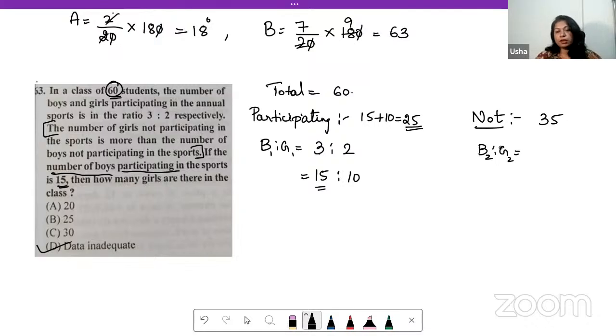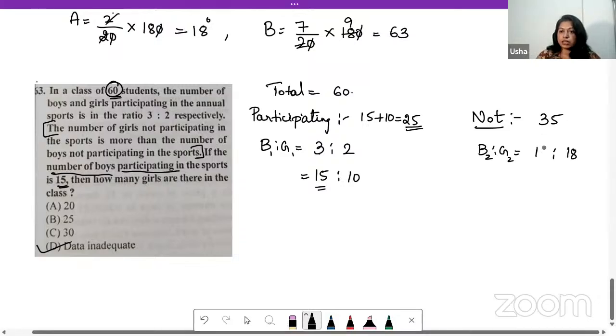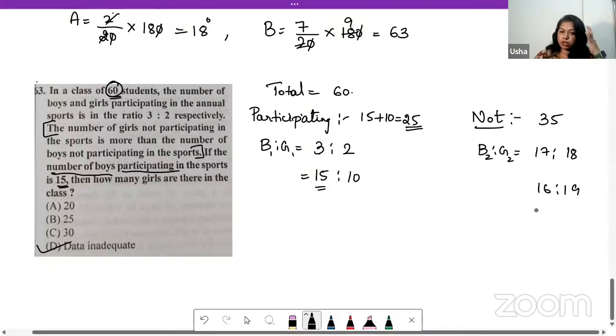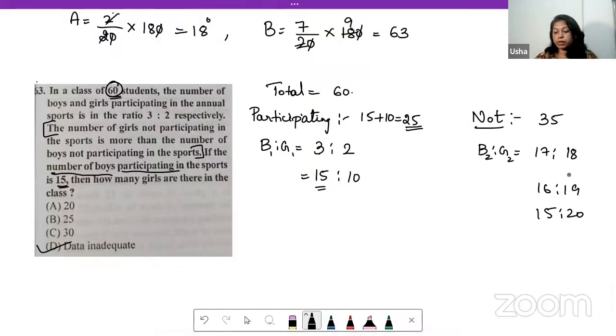Here they have given that the number of girls is more compared to the number of boys who are not participating. Means this 35, if I divide, then there can be 18 girls and 17 boys. It's a possibility. 18 plus 17 gives you 35. So at least 18 girls should be there. Only then the number of girls will be more than boys. But it can be 16 and 19, or 15 and 20. We don't know, right? There is no other information given about the non-participating people.